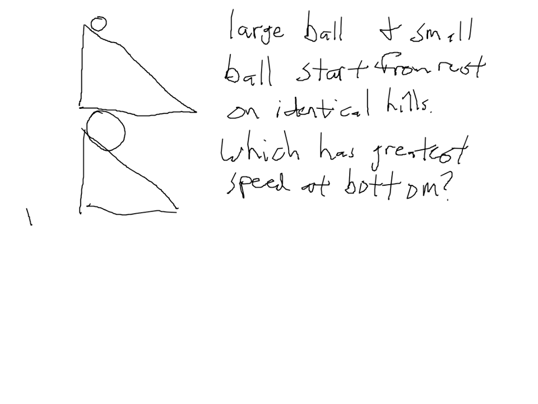Well, they have the same shape, and since they have the same shape, their moment of inertia is going to have the same M and R dependence on it. So in the last problem, the example I just worked, remember the mass and the radius both canceled out. So we're not going to have any difference between the balls, even if one has a bigger mass or a bigger radius. So they will both have the same speed when they get to the bottom.